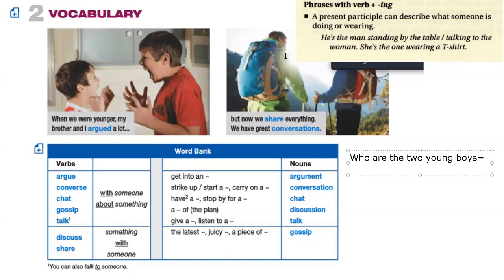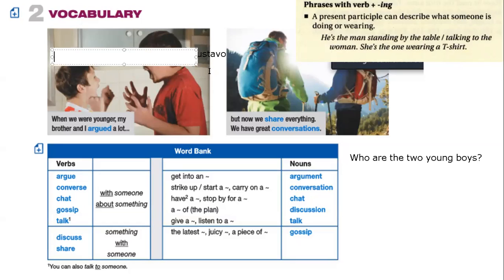Let's put into practice what you see here, phrases with a verb in ing form. Who are the two boys? Class, help me to write the sentence. For example, this person that is here is Gustavo, and this one is Jairo.